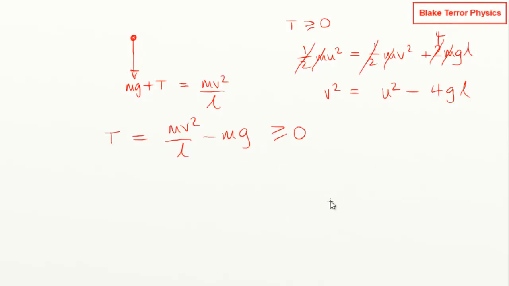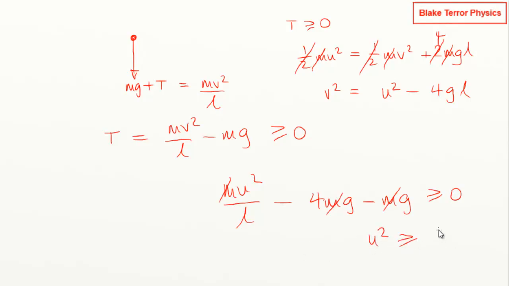Now we can put in what the v squared is. That gives us mu squared over L minus 4mgL over L, so minus 4mg, and then minus that other mg, and that's got to be greater than or equal to 0. We can get rid of all these m's. So we've got that u squared has to be greater than or equal to 5gL.